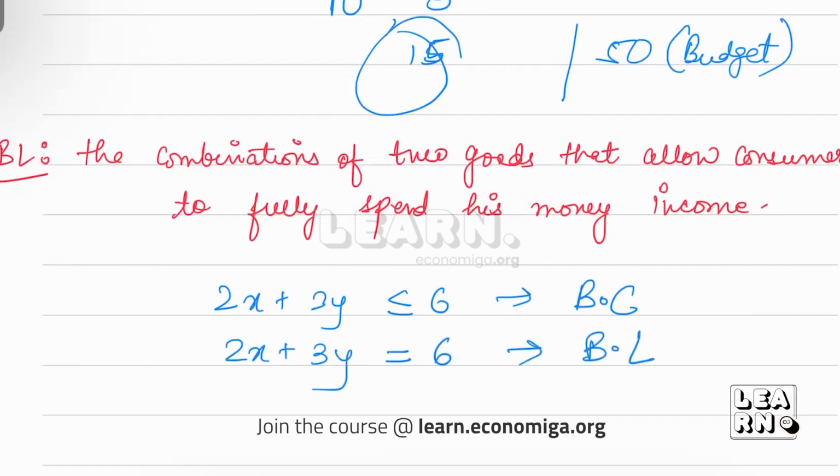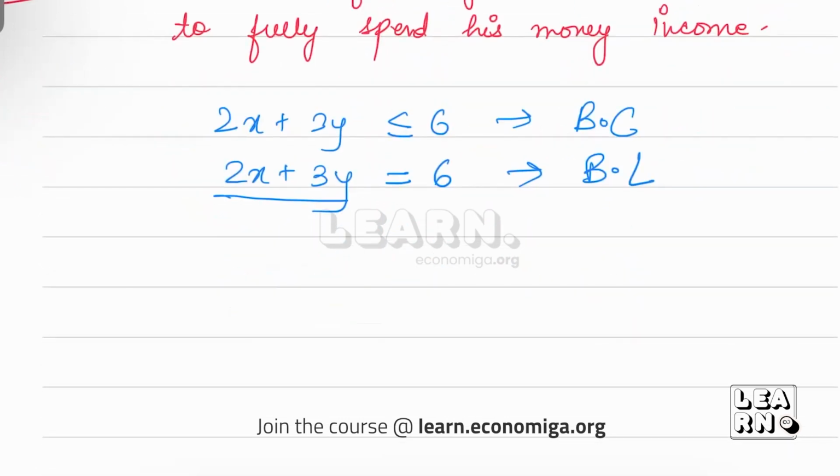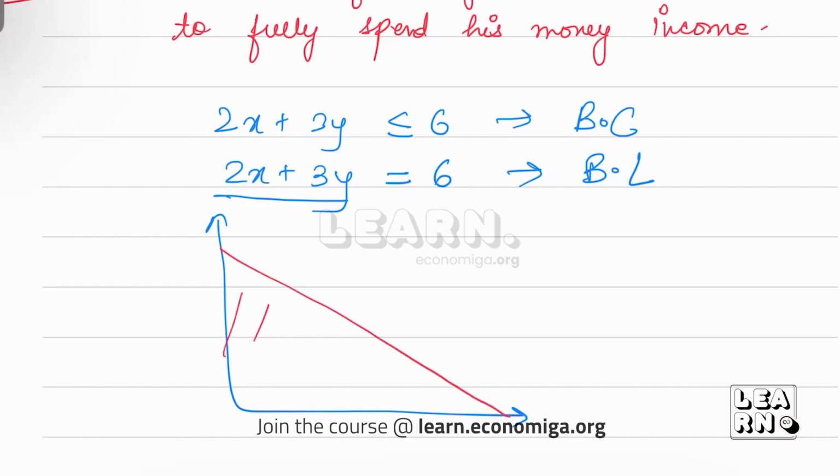That is, the consumer will buy only those combinations which amount to rupees 6. That's the only difference, right? I'm not bothered about any point inside it. I'm only bothered about points on this line. So this is your budget line.